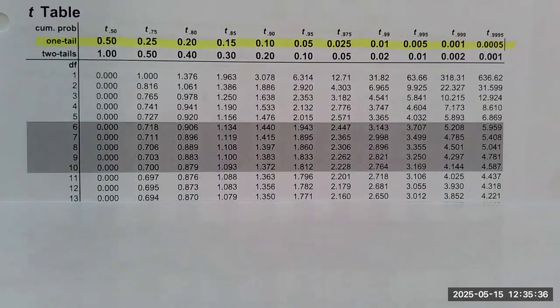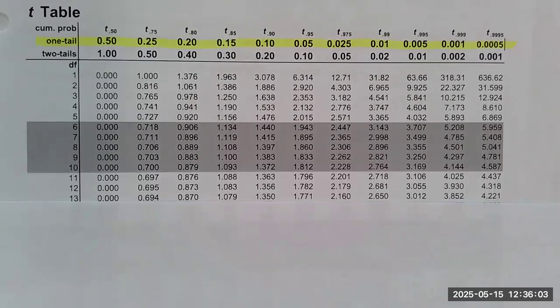And then now, if it's a 99% confidence interval, that means in the two tails, there's 1% left. So 1% is 0.01, so you're coming over here. If you're looking at the two tail part of it, that's the combined amount. In one tail, there's half of that. So the 0.01 gets cut in half, and that's 0.005.